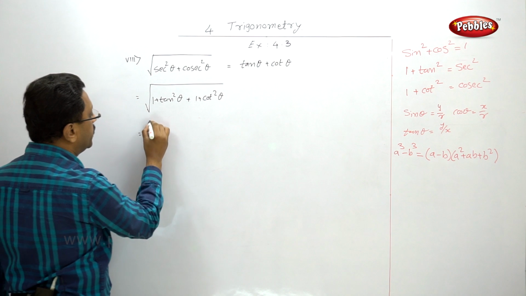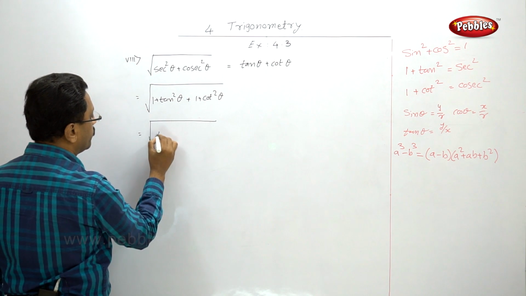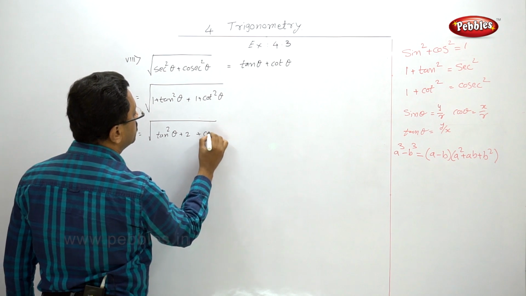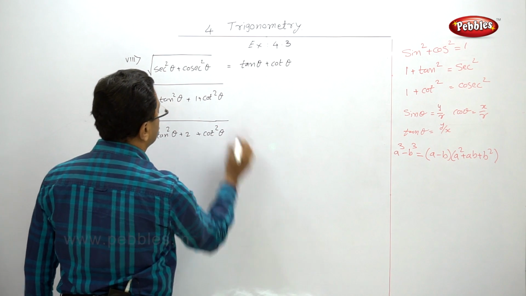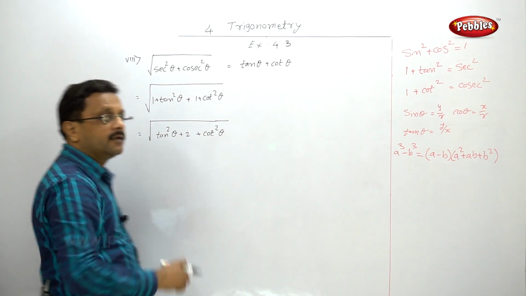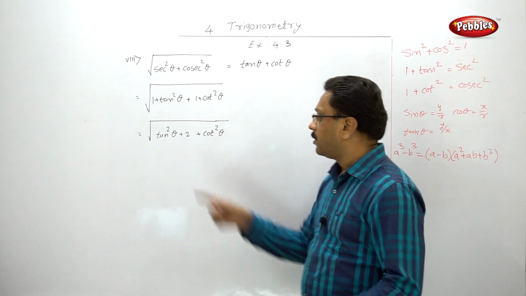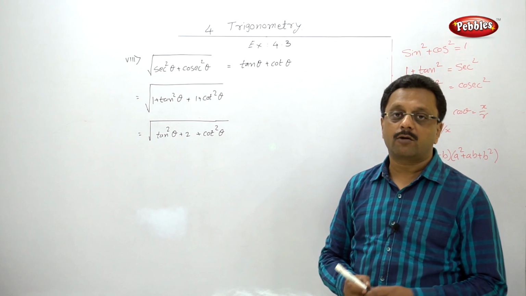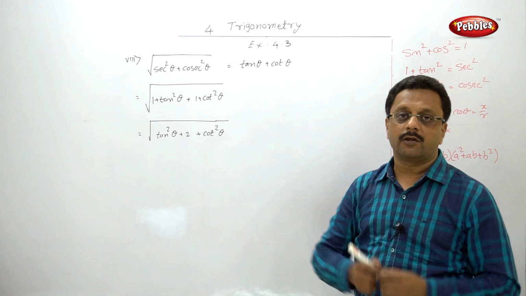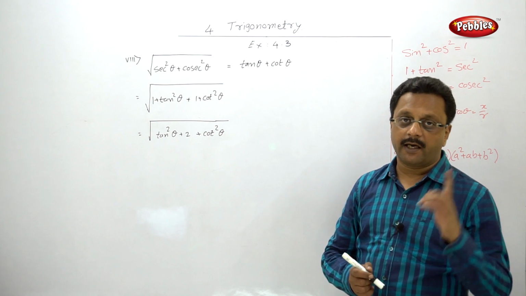So from here we will get tan square theta plus 2 plus cot square theta. Correct? But can it be a perfect square? Yes, but along with 2 there should be tan into cot, 2 tan cot. But tan and cot are exactly inverse to each other, so their product is equal to 1.